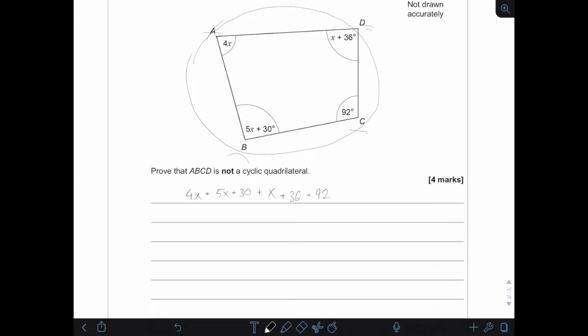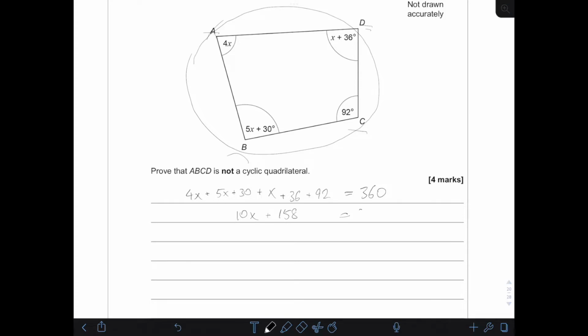So that would have to be 360, and we can group all the x together, so that's 10 lots of x, and that's 158. I did math right here.